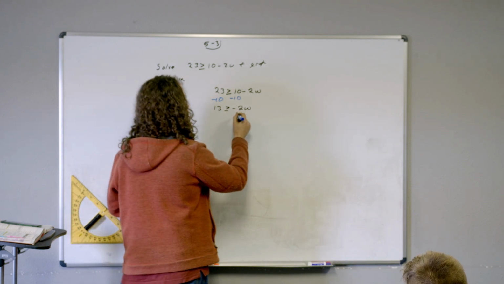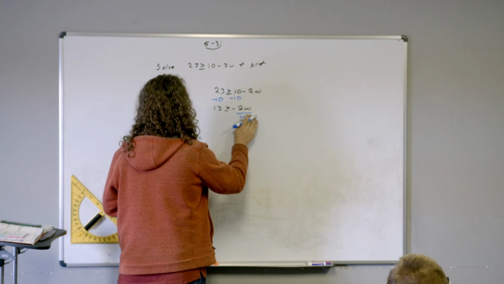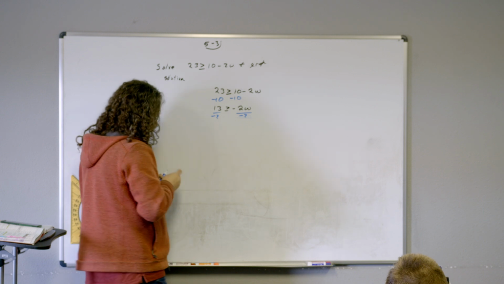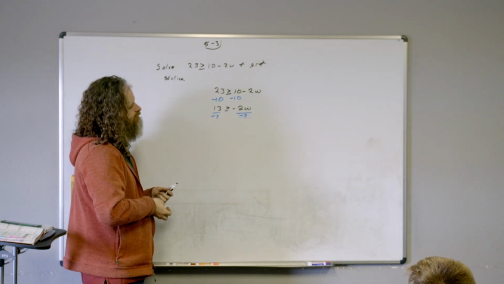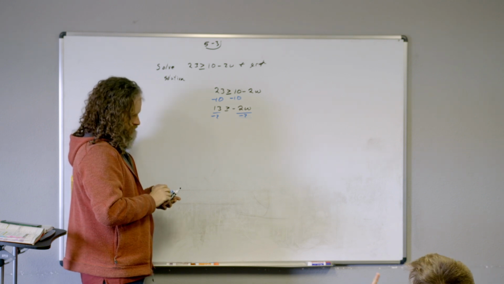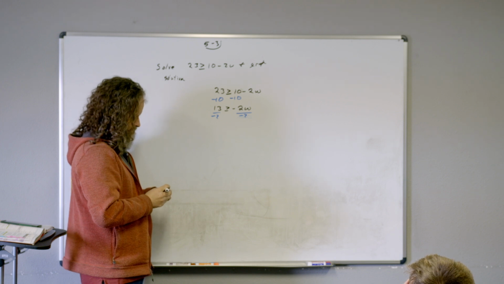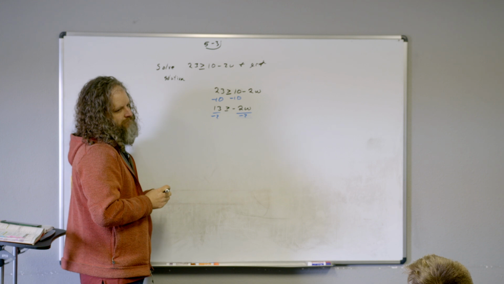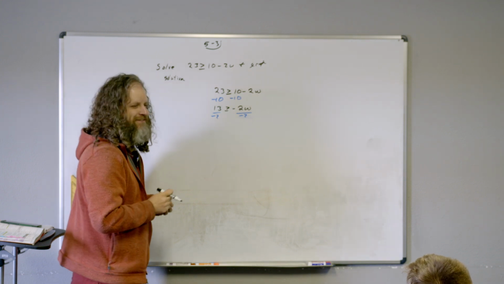Divide the negative 2. And we get what? Negative 6.5.